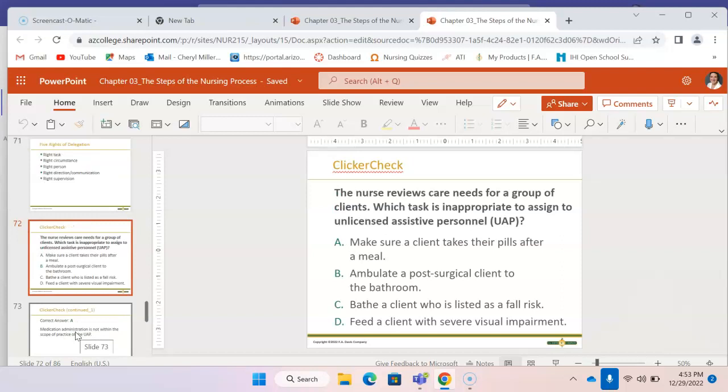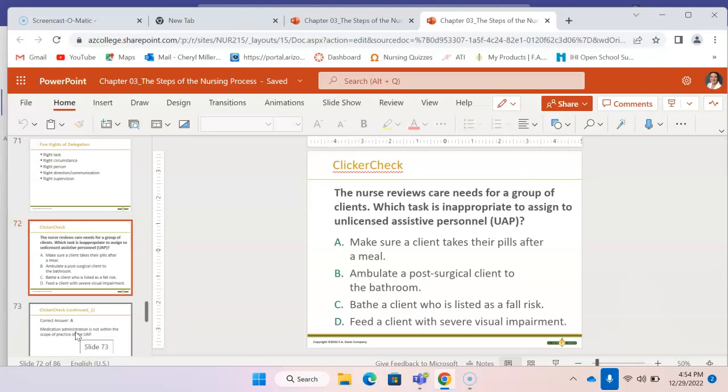So a nurse reviews care meeting for a group of clients. Which task is inappropriate to assign to a UAP? So which one can the UAP not do? Make sure a client takes their pills after a meal. Ambulate a post-surgical patient to the bathroom. Bathe a client who is listed as a fall risk.